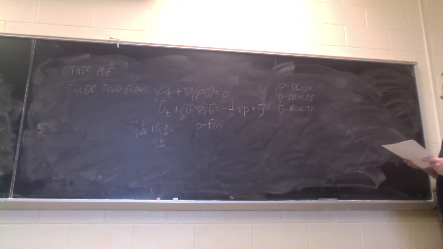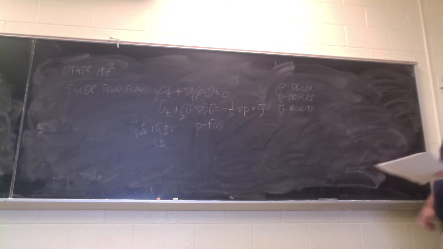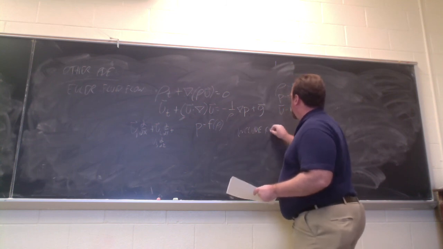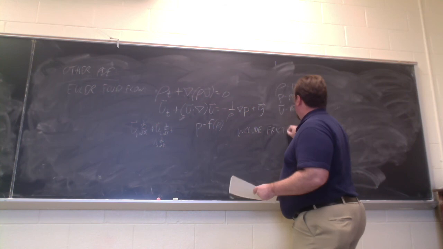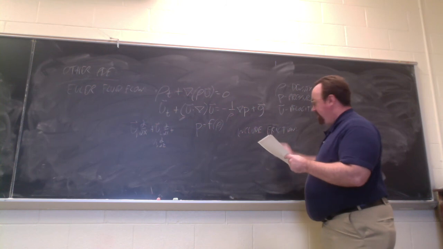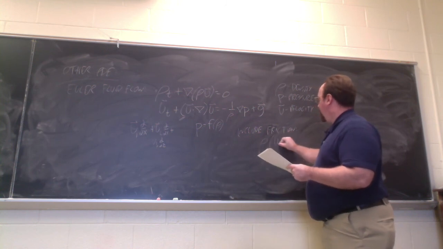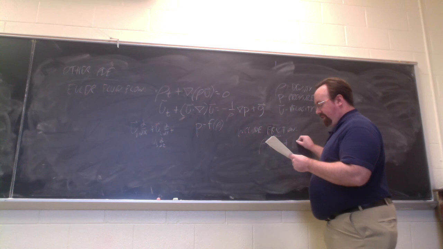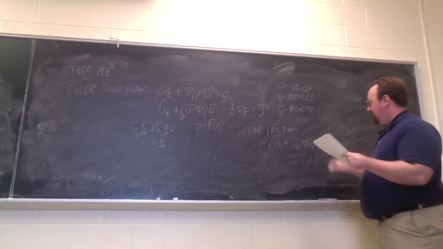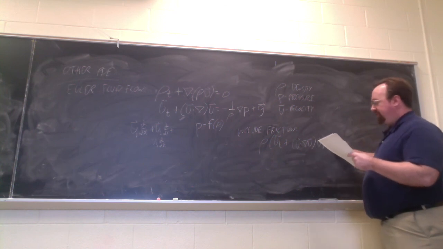Now, this fluid flow model neglects friction between molecules of a fluid. But if you incorporate that, then you get some different equations. So we get rho u t plus, it looks much like the second equation, but a different right-hand side.